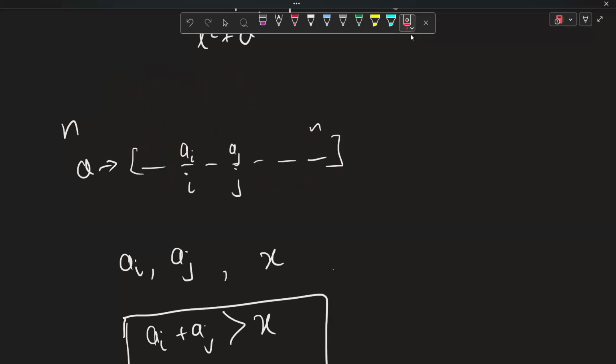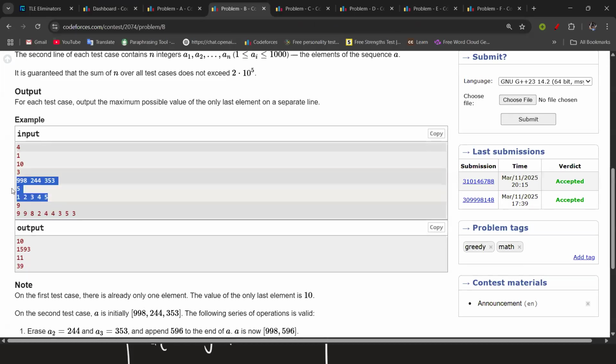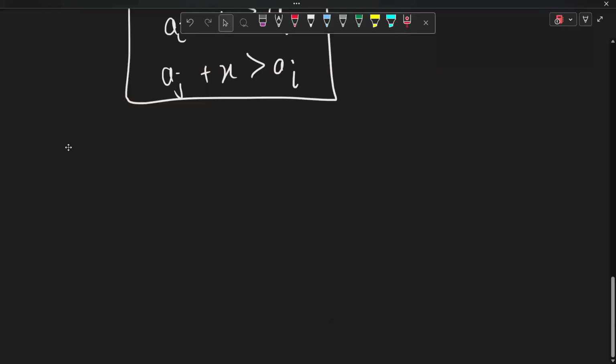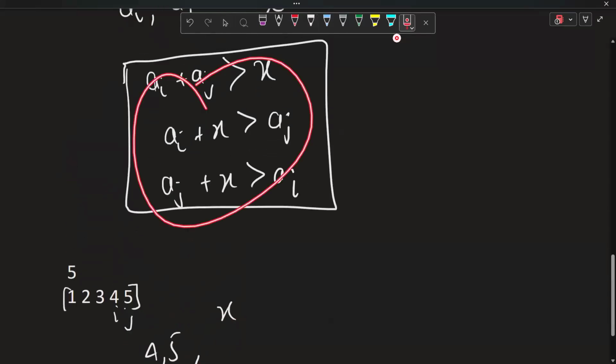So how do you do that? For example, if you just take this test case, you have this array. What you can do is, let's say you selected this i and this j, 4 and 5, and then you need to select an x so that it satisfies the condition of a triangle.